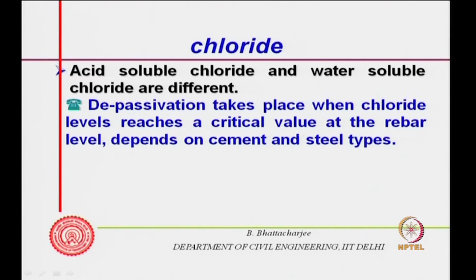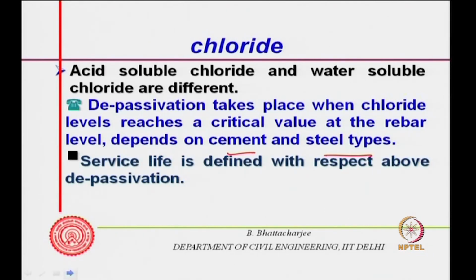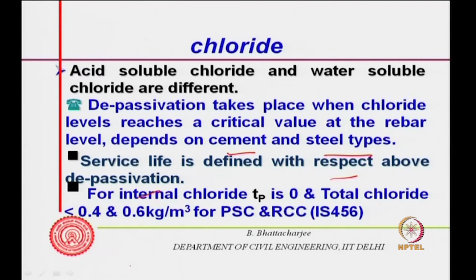Depassivation takes place when the chloride level reaches a critical value at the rebar. This is sometimes called the threshold chloride level, and it depends upon cement and steel types. Service life is defined with respect to this depassivation. Of course, internal chloride is the chloride coming from ingredients, and IS 456-2000 tells you that this internal chloride, which is acid soluble total chloride, should be less than 0.4 or 0.6 kg per meter cube for RCC, and for pre-stressed concrete 0.4 kg per meter cube.